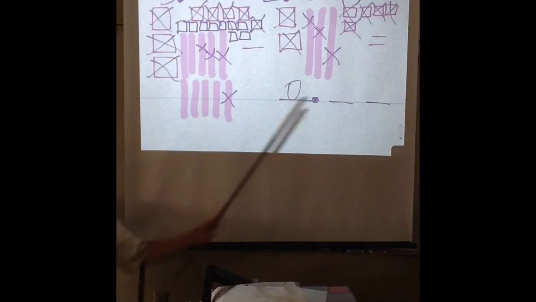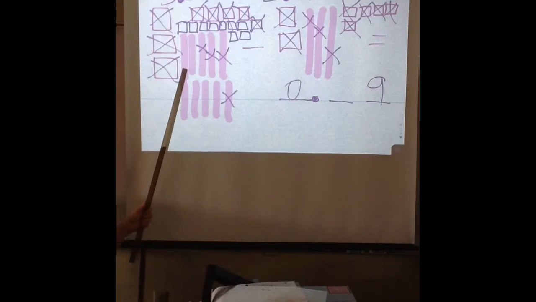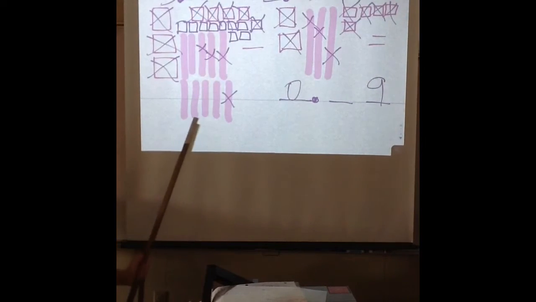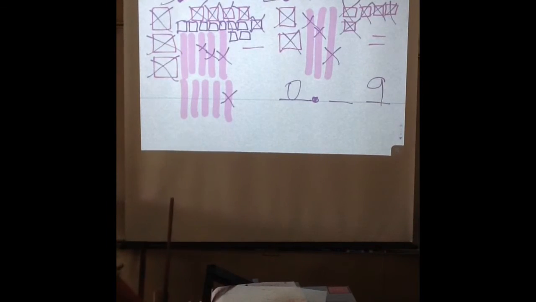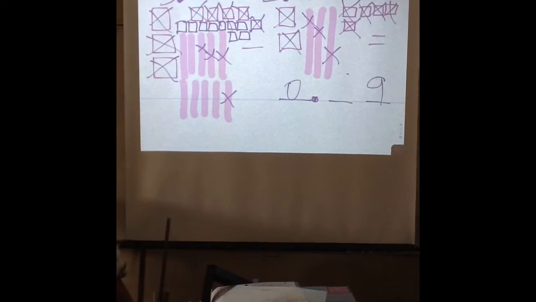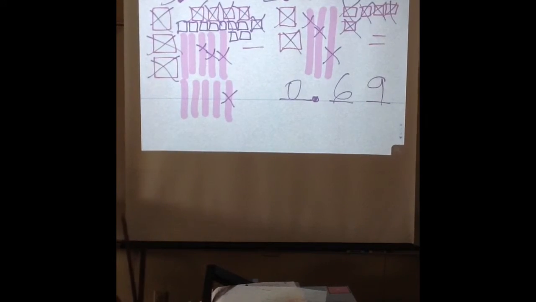It goes in the hundredth spot, right? And then how many of these tenths do I have? 6. I've got 1, 2, 3, 4, 5, 6. Good job. So, my answer is 0.69. Does that make sense? Yes. And we can put my answer right up here, 0.69. And that would be correct.